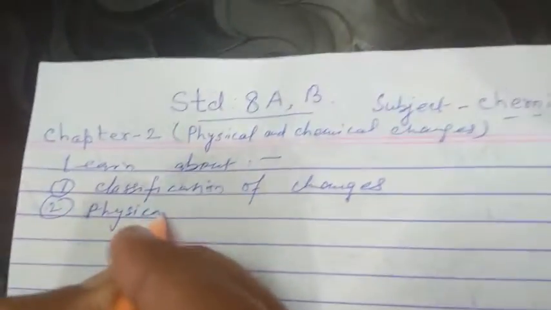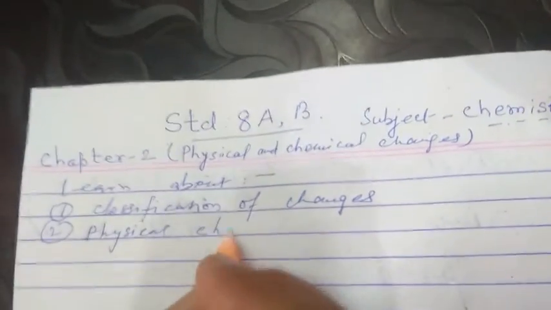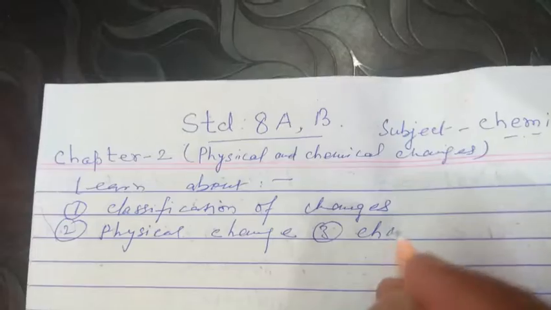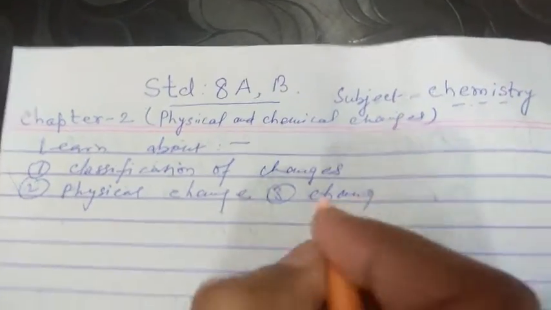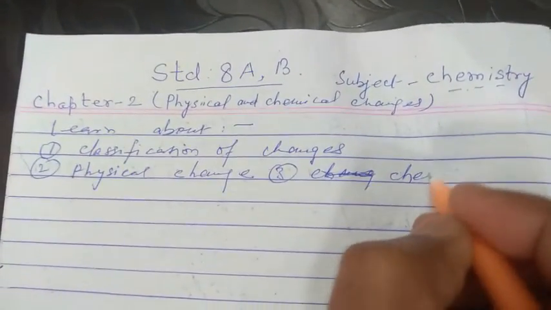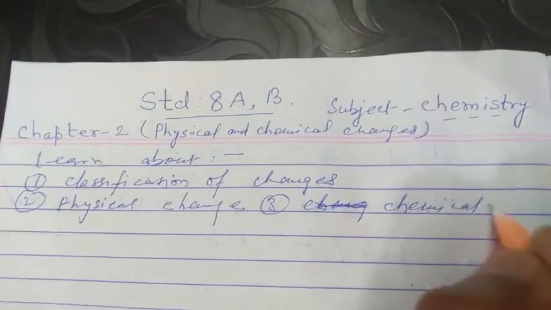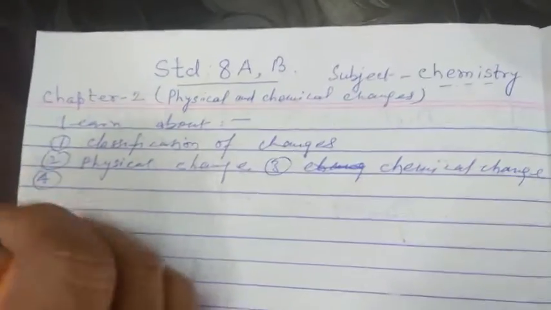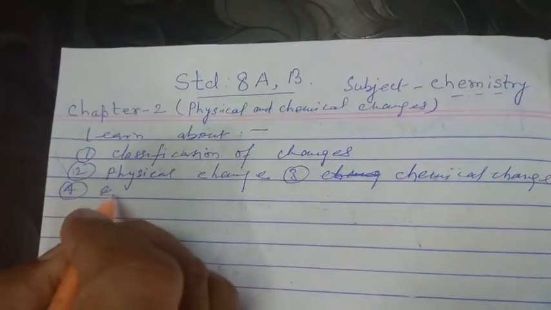Number 2, physical changes. Number 3, chemical change. Number 4, examples of physical and chemical change.